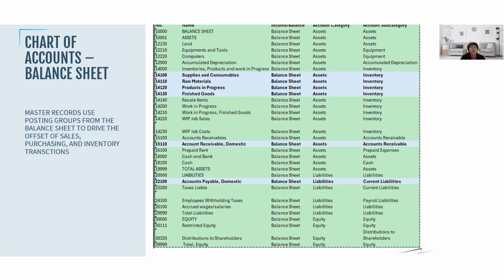When we look at our vendor posting groups, that's where we're looking at what our AP account is in your chart of accounts. And then, of course, inventory transactions are going to go into your inventory accounts. Again, all off the balance sheet. So this is that side of the entry that is always going to increase when you do a sales or a purchasing transaction.